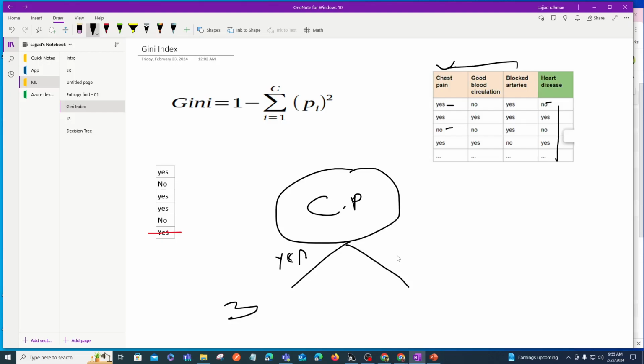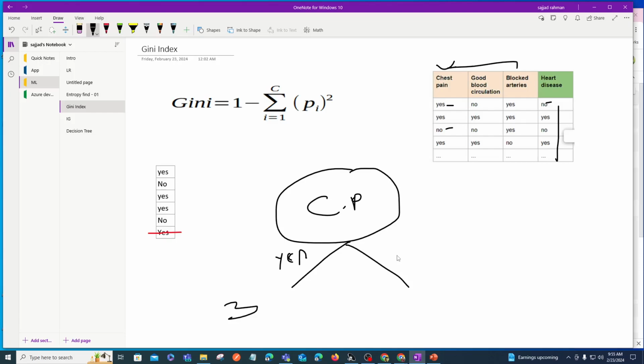We give the square values, and after the sum we subtract from 1. The values are 0.66 squared and 0.33 squared, so we will find 0.455. So this is the left node.